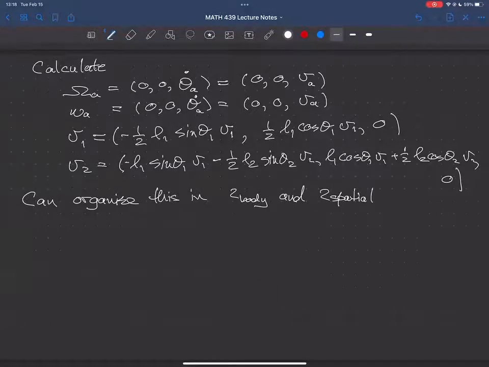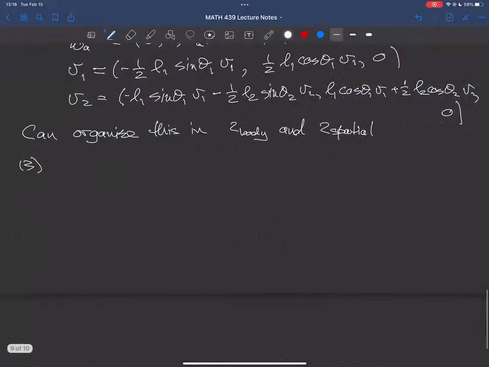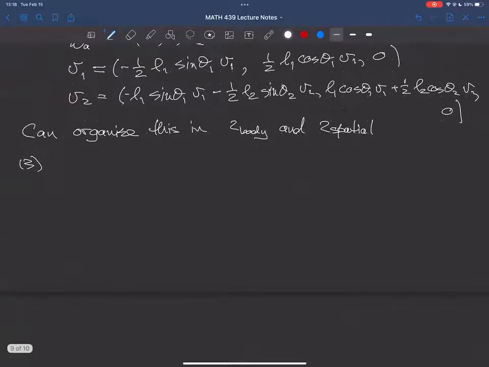Okay, and then our third example was this rolling disk.